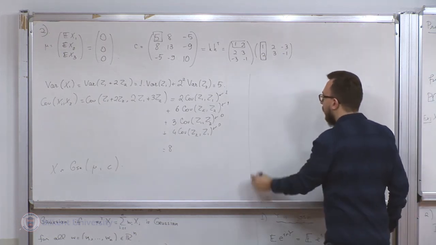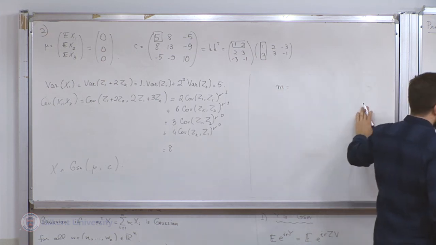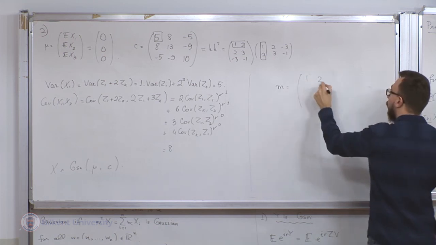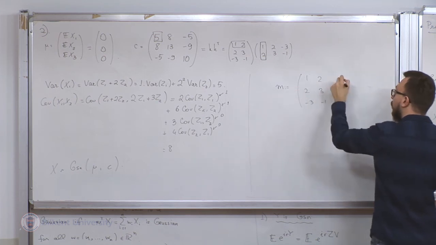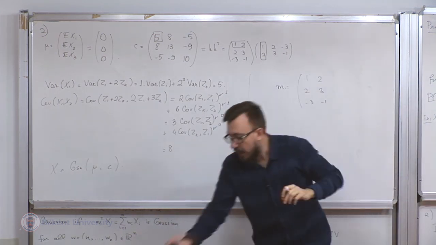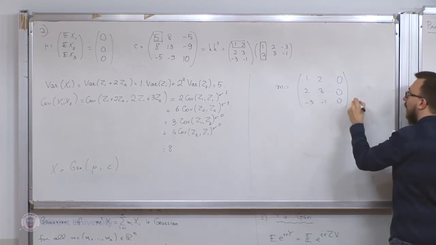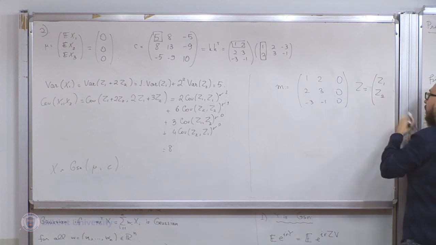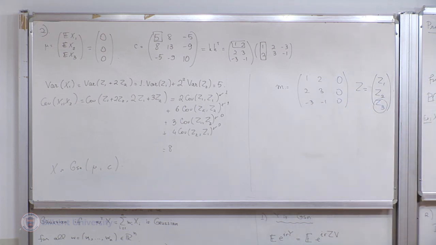And you can easily make this K a 3 by 3 matrix. So 1, 2, 2, 3, minus 3, minus 1, and let's put zeros here, okay? It doesn't affect anything. And let's also define Z as Z1, Z2, Z3. Since it's going to be multiplied by 0, it doesn't change anything.